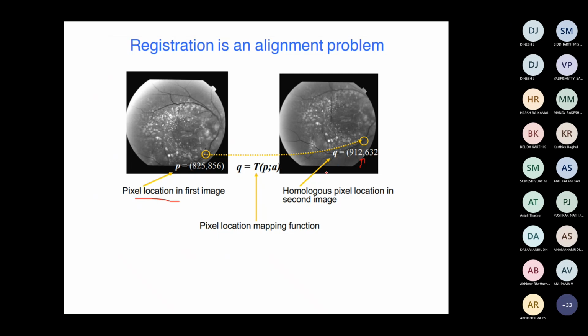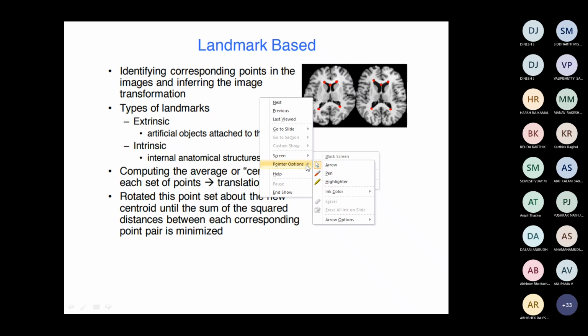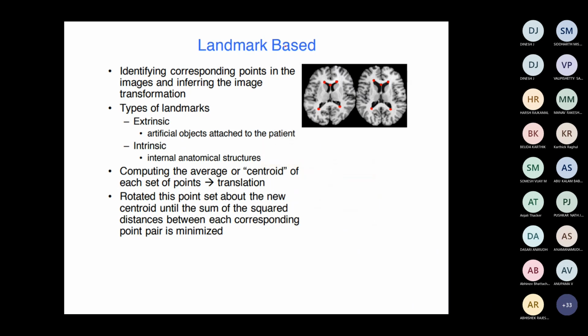So this is nothing but an alignment problem. And coming to the landmark based transformations, it is identifying corresponding points in the images and inferring the image transformation. We have to identify the corresponding points, then identify what kind of transformation is required.